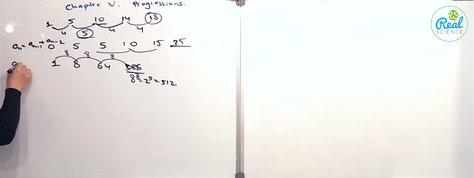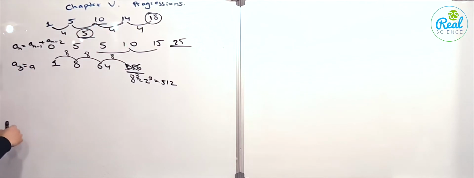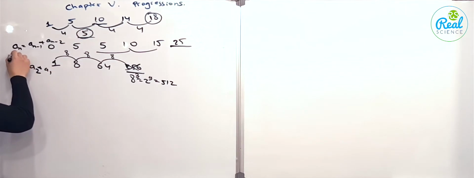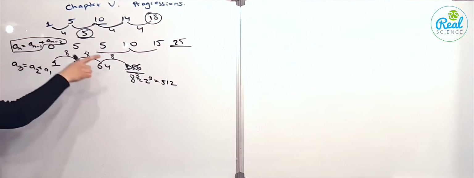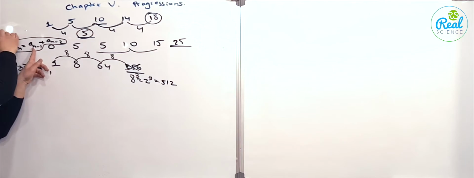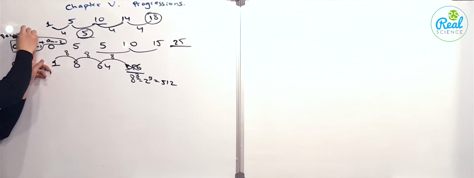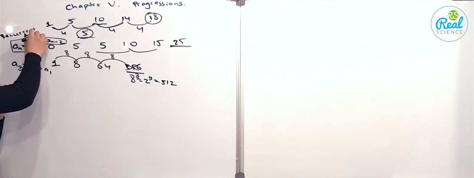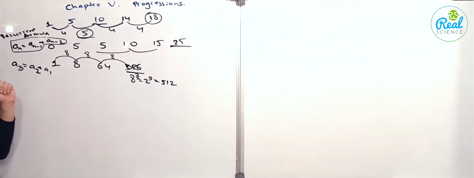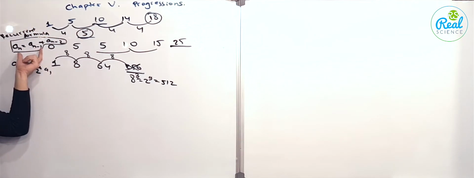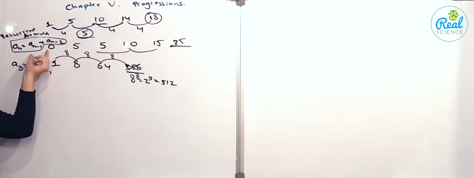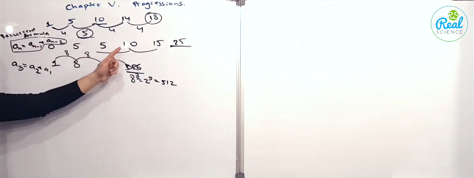So if you are taking the third term, you need the second term and the first term. This is called the recurrent formula. The recurrent formula is used to find the next term and represents the pattern of the sequence.